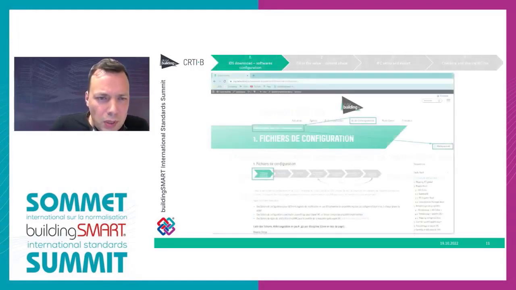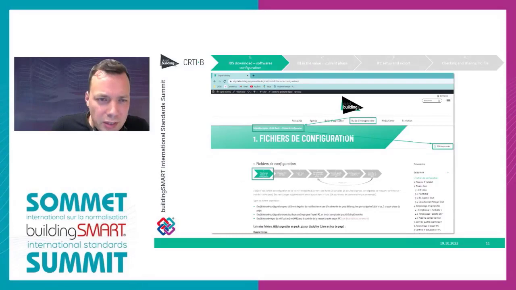So the first step is to download the IDS and to set up the software. There are several details about that on the website, so you have a step-by-step guide. But okay, you just set that up. The next step is to fill in the properties.